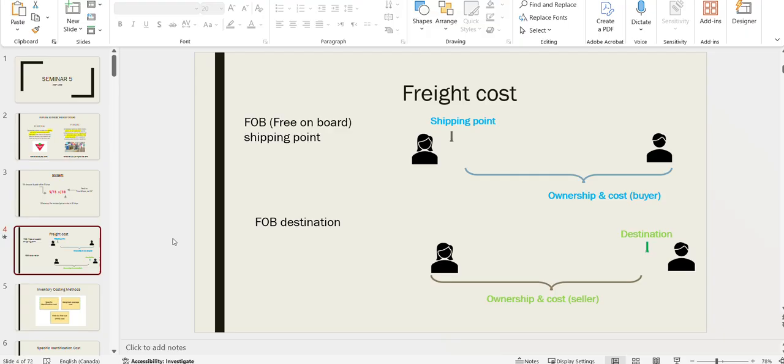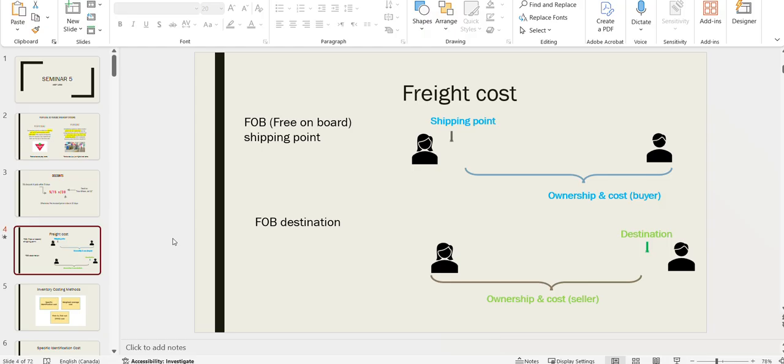So the moment the company sends the item to the buyer from the shipping point, the ownership and cost is for the buyer. Whatever happens to the item, the responsibility is on the buyer.